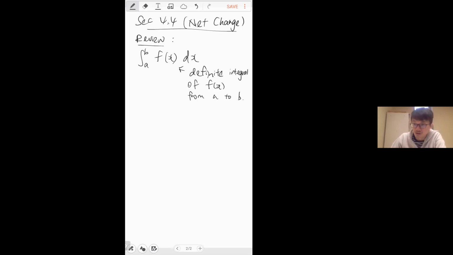I'll explain why it's called definite in a second, but we had three definitions of this definite integral. The first definition was by using approximation by rectangles. So we approximate this by using rectangles.